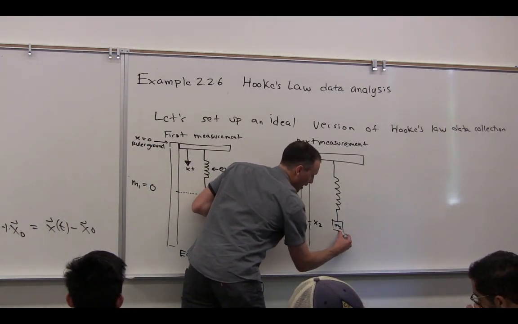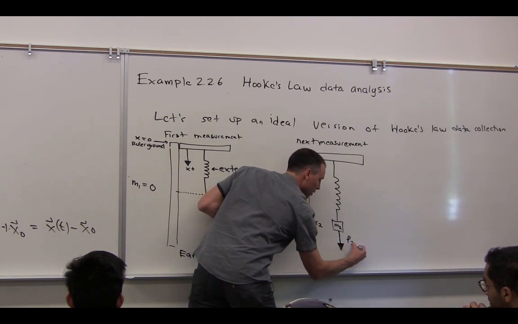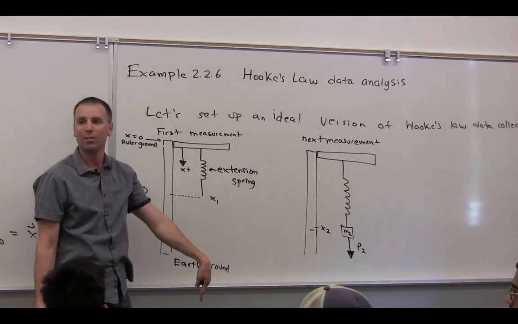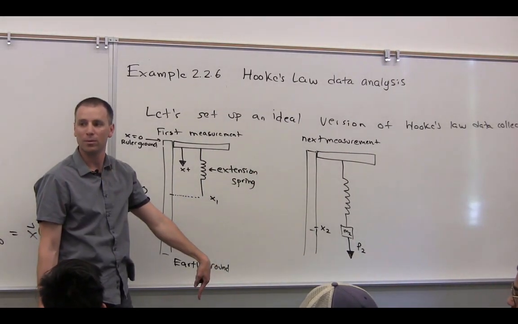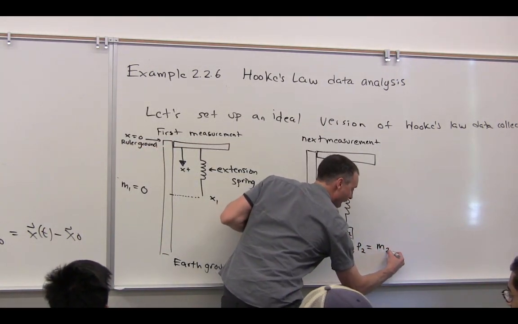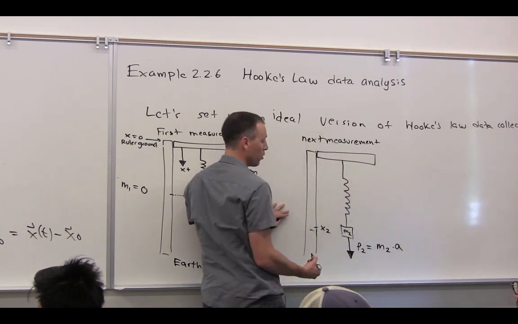The claim that I'm going to make is the moment I drop this mass, there is now a force acting in the exact downward direction. Right? What force is that? It's the mass times the acceleration due to gravity.